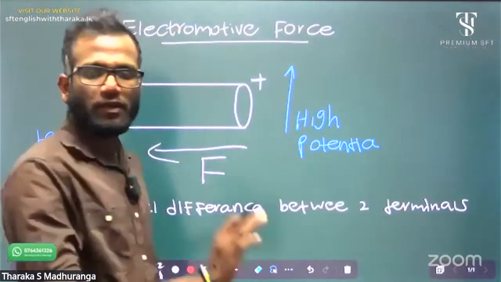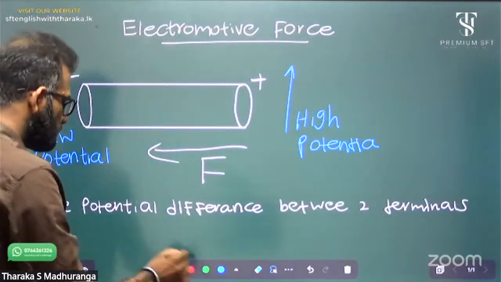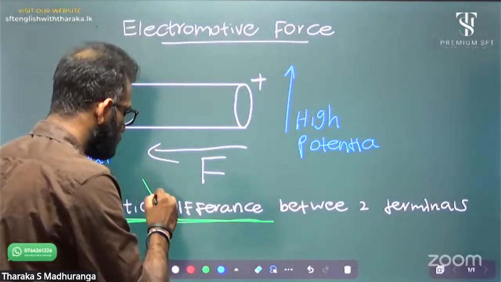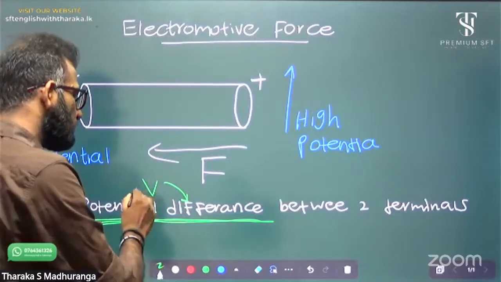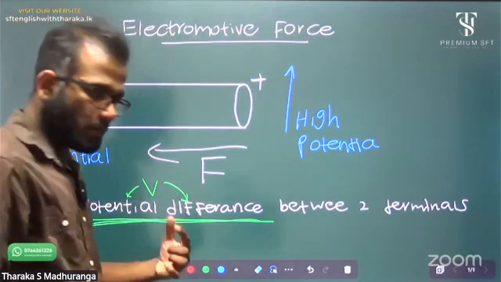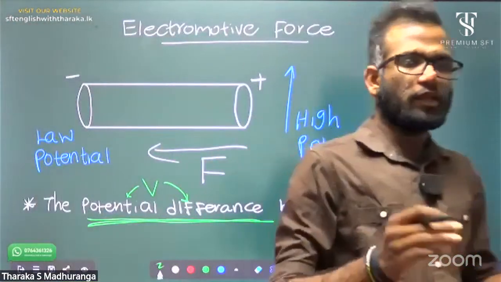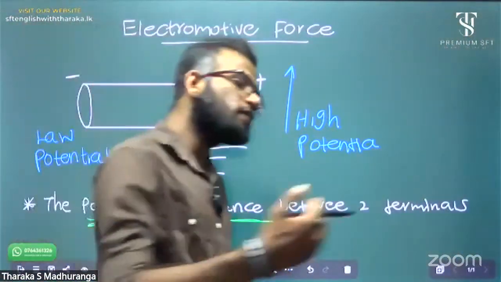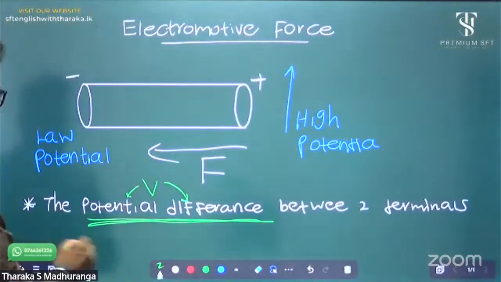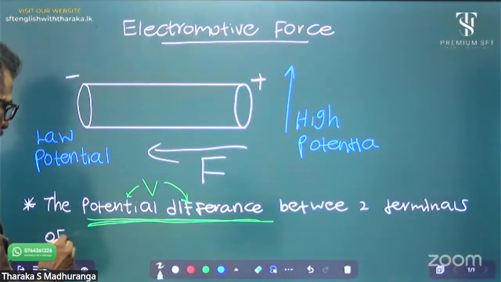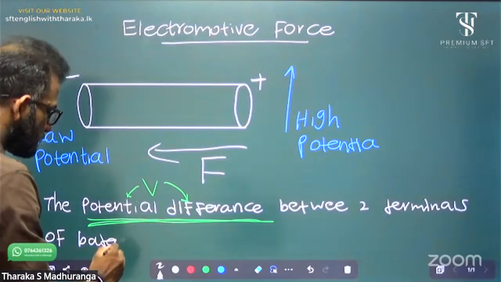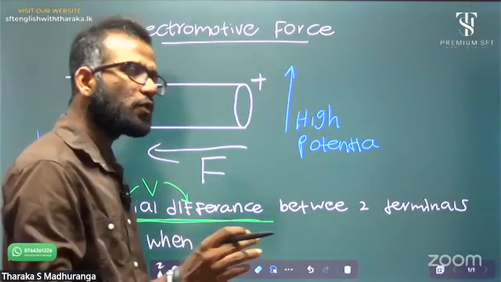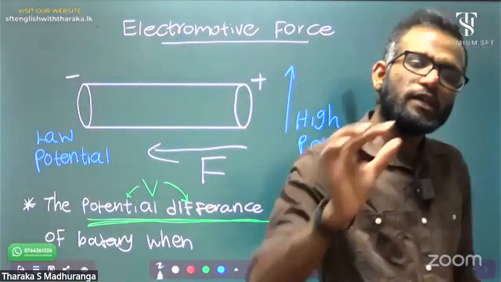Please remember carefully, this is potential difference, which means voltage actually. Try to get a practical understanding. The electromotive force means the potential difference between the two terminals of a battery when no current is flowing, which means before it is connected to a circuit.